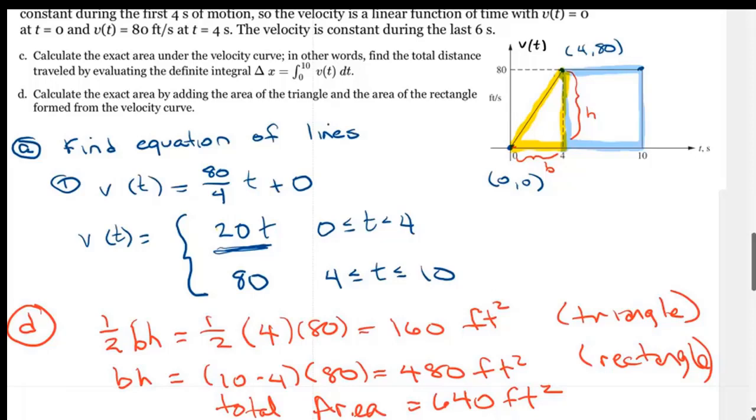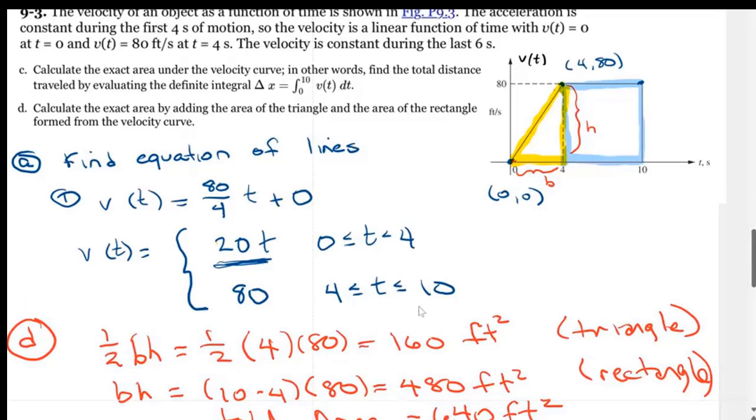Here the velocity is 20t, and I take the derivative of that, I get a constant, which is 20, accelerating at a constant rate of 20 feet per second squared. When you see a straight line, the derivative of that is constant.